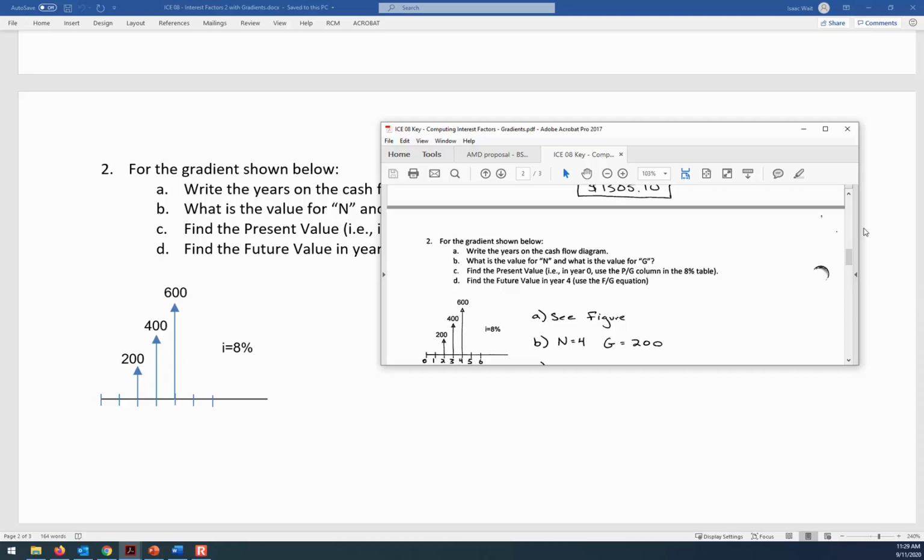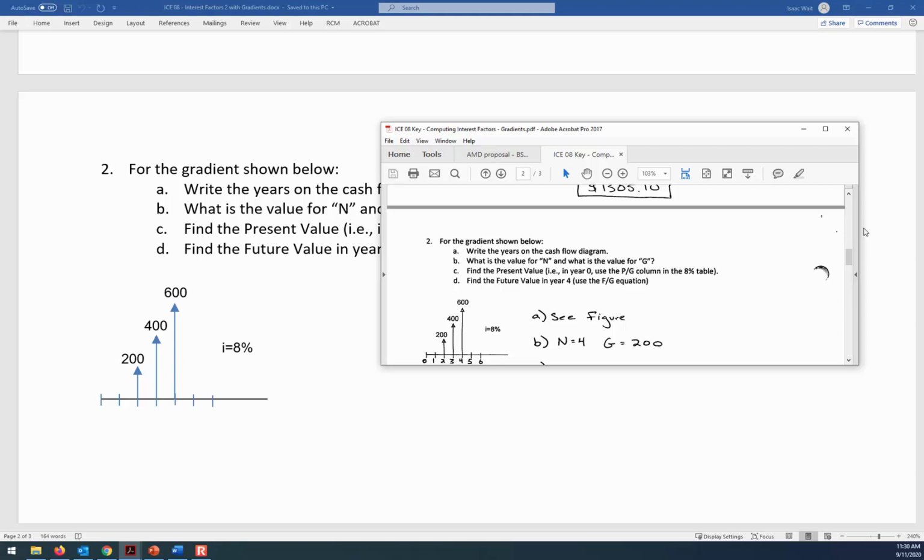It says in the problem statement to take it to year 4, but there are occasionally going to be cases where you look at a cash flow diagram and it is much longer than the actual amounts that are indicated, and that's fine. It doesn't mean that you need to take the future amounts to the end of the cash flow diagram. Time just continues on whether or not the amounts do. So then n equals 4 and G equals 200.